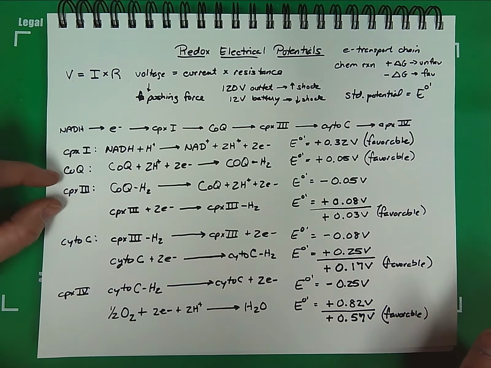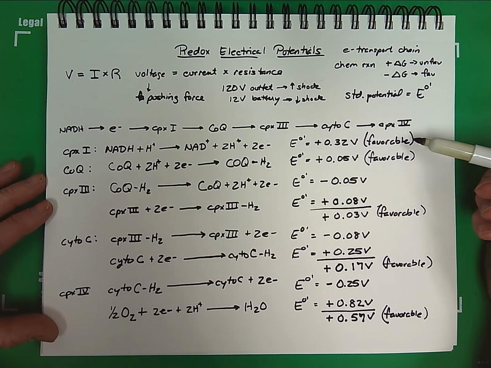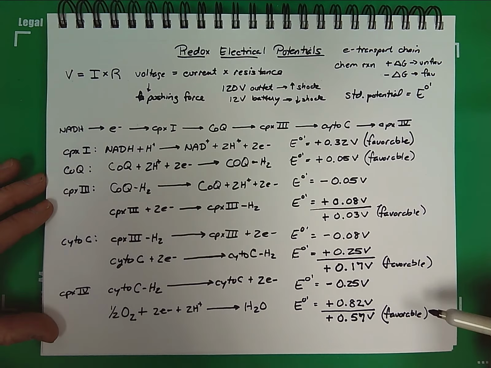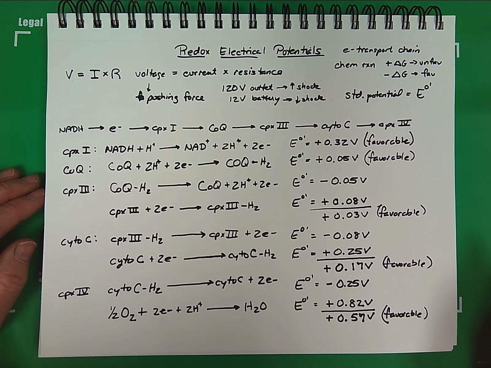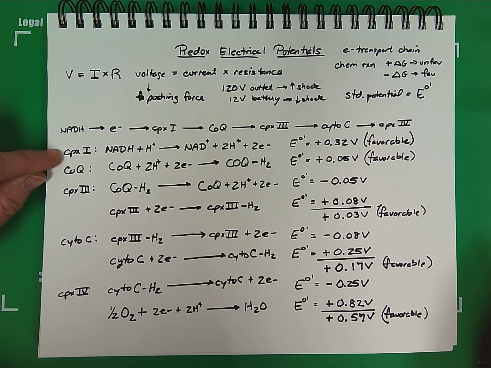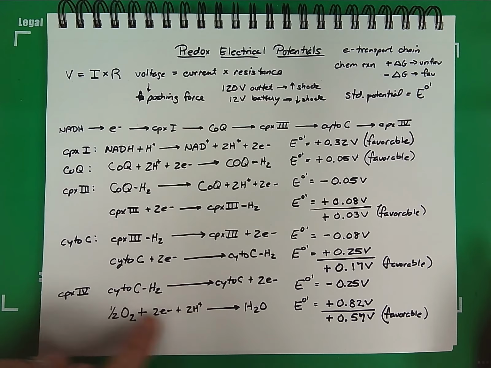And what we see when we do all these calculations is that each reaction is favorable. Because of this, this gives us our directionality into the electron transport chain. This makes the electrons move from complex 1 ultimately to oxygen to form water, and this direction is not reversible.